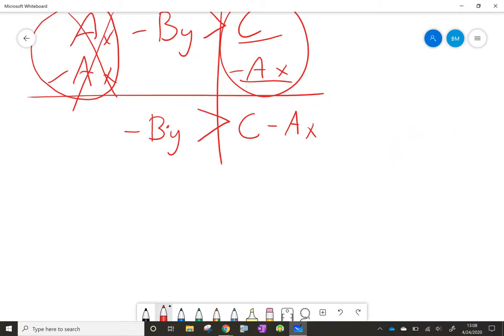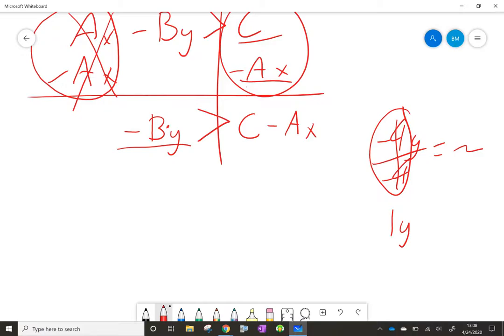What we have to do is divide. If it was a negative 4y, you would divide by negative 4, and here's the reason why. Negative 4 divided by negative 4 becomes 1, not 0. These cancel out and become the number 1, 1y, which is what we want. We want 1y. We don't want 0y. We don't want it all to cancel out.